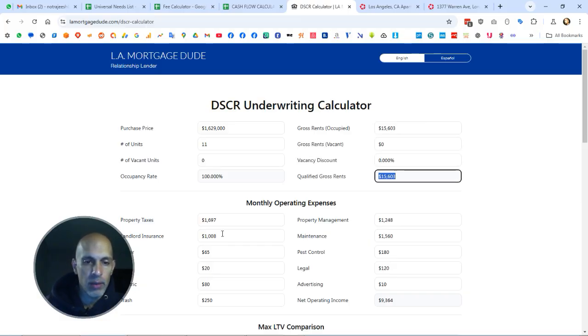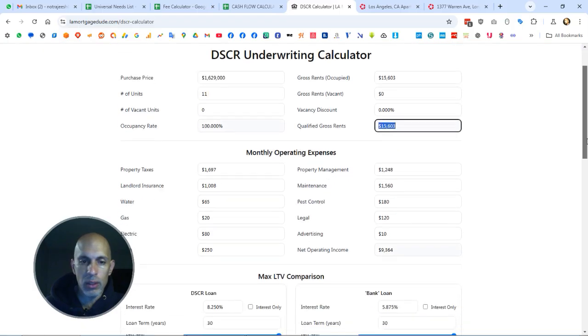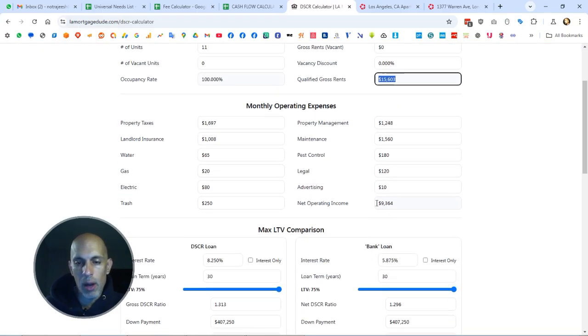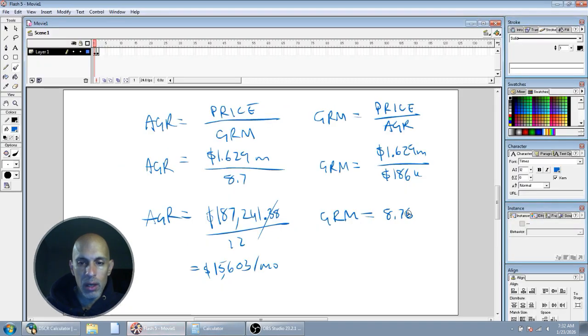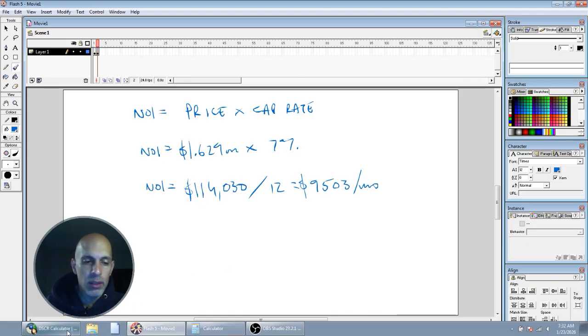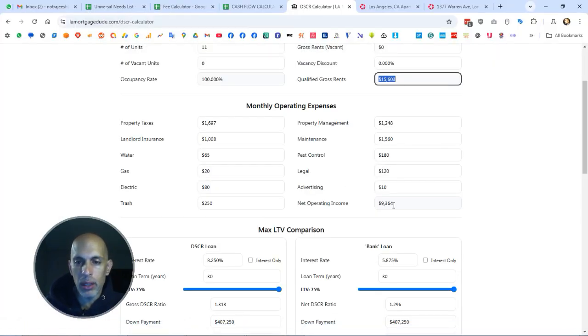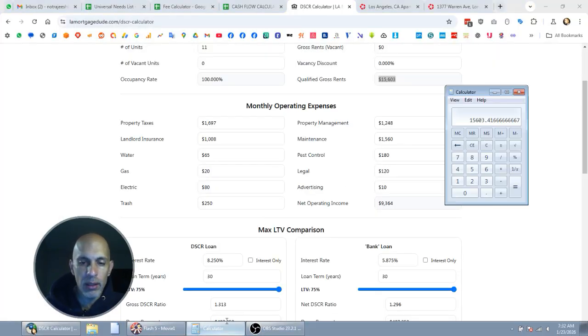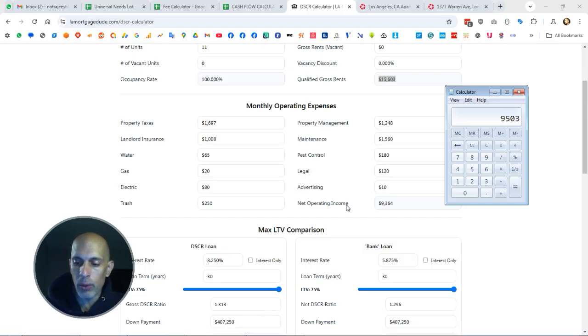All right, we've got property taxes, we've got landlord insurance, and here our net operating income is showing up as 93.64, and it should be 95.03 a month. So we've got to add about $200 a month back here. So 95.03 minus 93.64 is 139. So I've got to add $139 back into this.